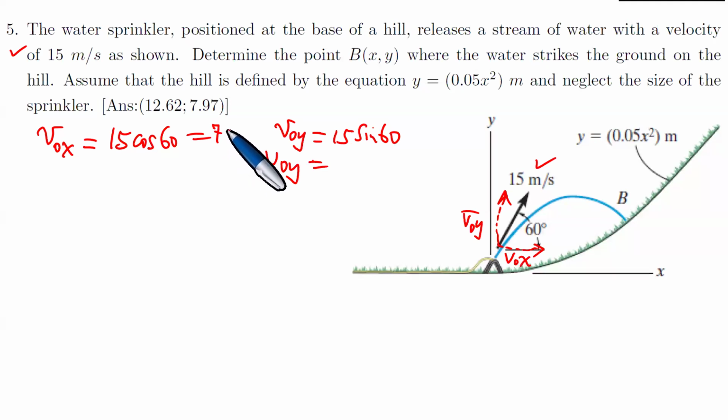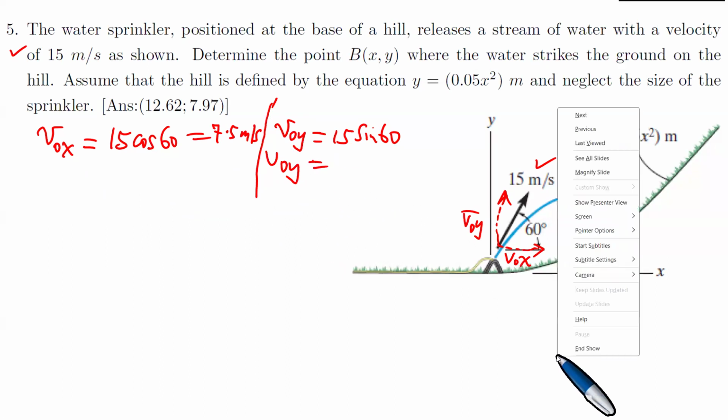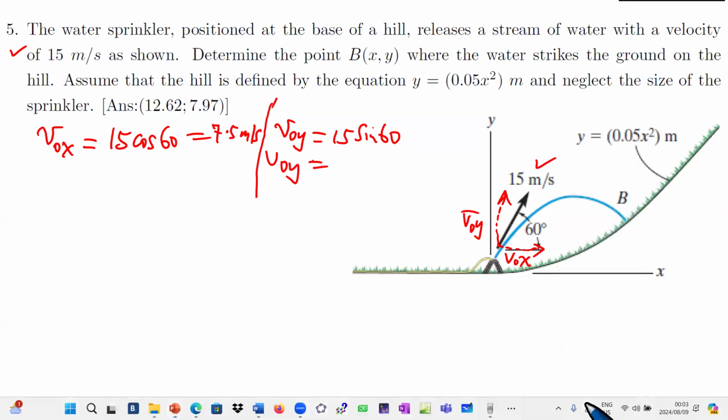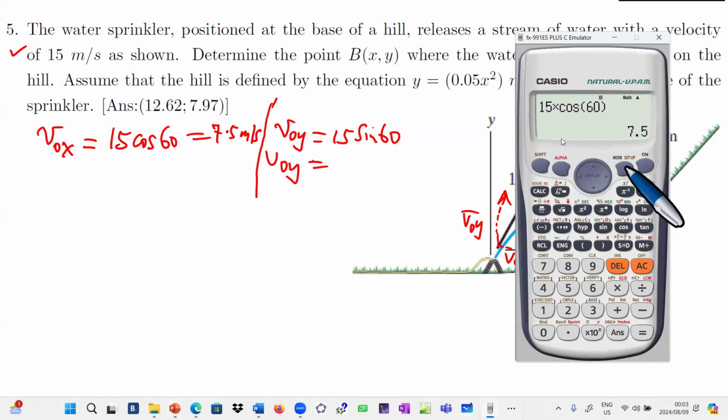So we shall have 7.5 meters per second for the velocity in the x direction, and then the velocity in the y direction is going to be given by 15 sine of that. I hope I have not punched that incorrectly.